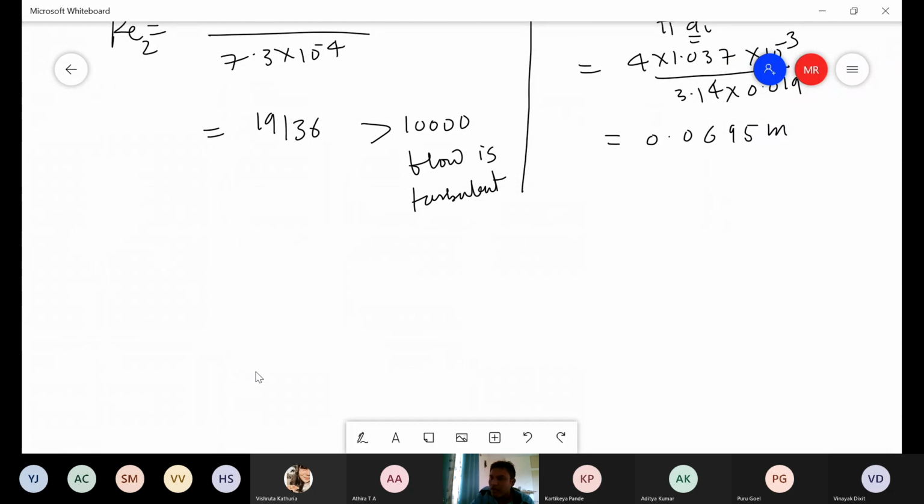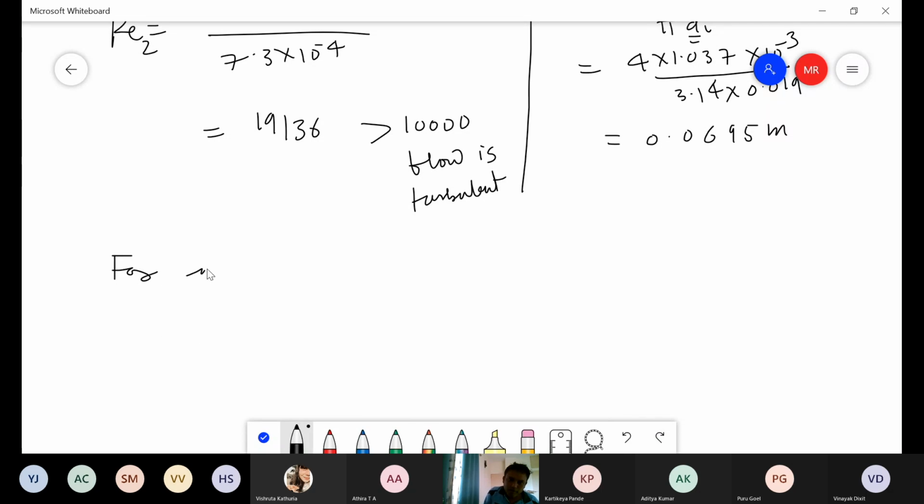Now calculate the heat transfer coefficient for the flow through the inner pipe. Calculate the heat transfer coefficient for the flow through the annular region. So let us calculate for the inner pipe. What is flowing in the inner pipe? In the inner pipe, the mercury is flowing. So mercury is nothing but a liquid metal. If you remember your last class, for the liquid metal we have given the correlation, isn't it?